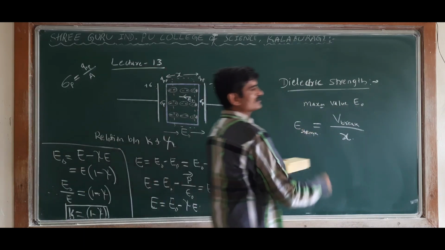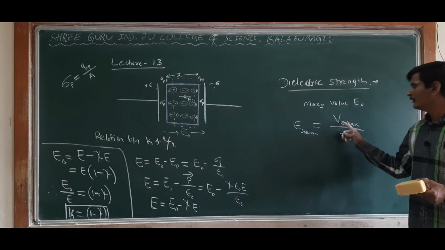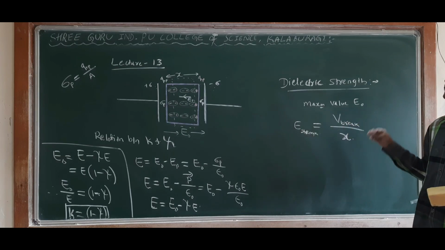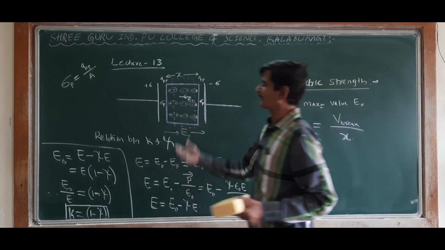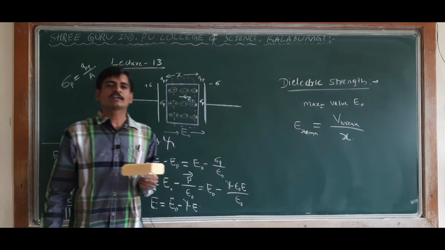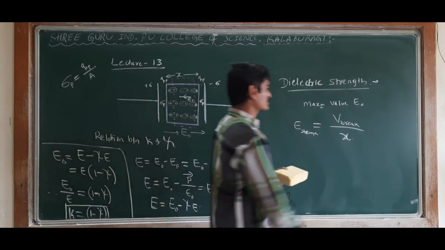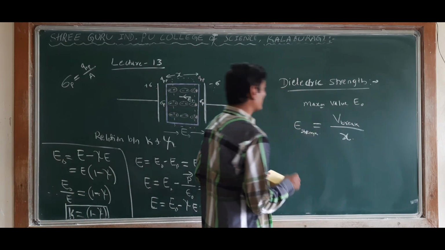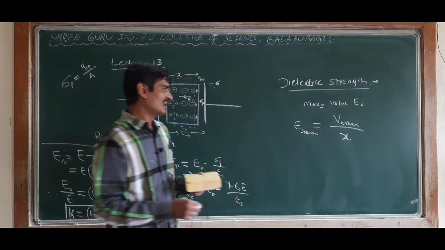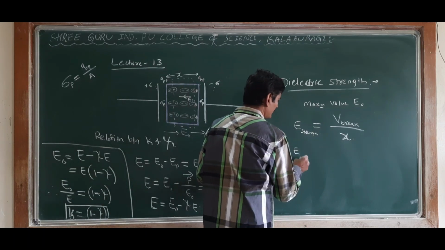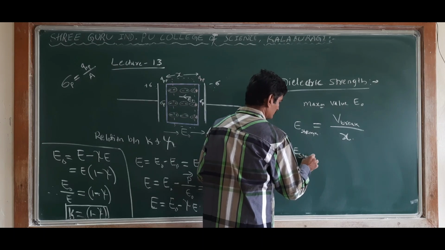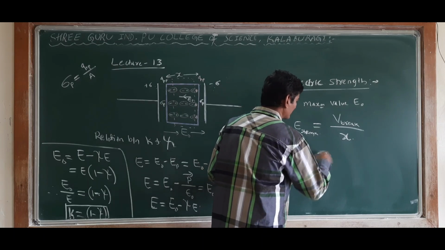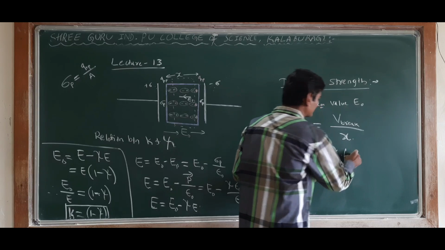Understood? That is from E is equal to dV by dx. So V break is the maximum value of potential difference that can be applied to a dielectric without its dielectric breakdown. Understood? So the SI unit and dimension of dielectric strength is the same as that of electric field.